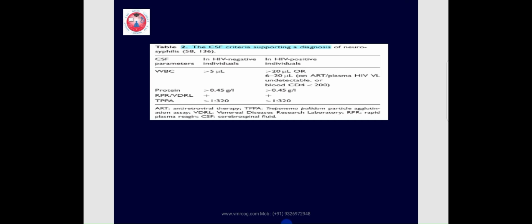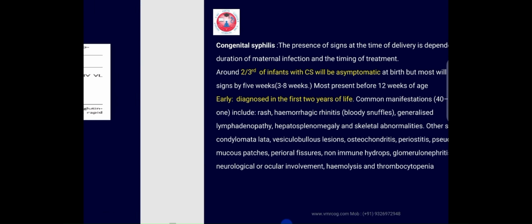Okay, and if the patient is on ART, in that case it will be between 6 to 20 WBCs per microliter. The protein will be more than 0.45 gram per liter in both cases. VDRL or RPR will be positive, and TPPA, that is Treponema pallidum particle agglutination test, will be positive at a titer of 1:320. So this is the CSF picture in neurosyphilis.